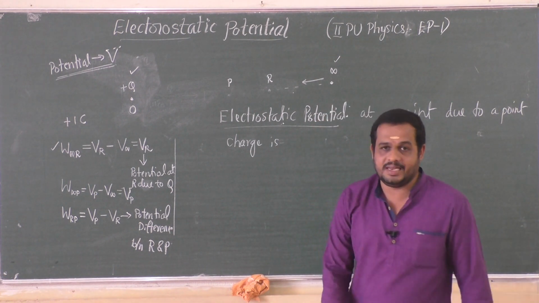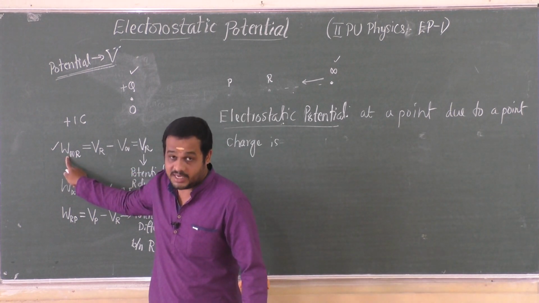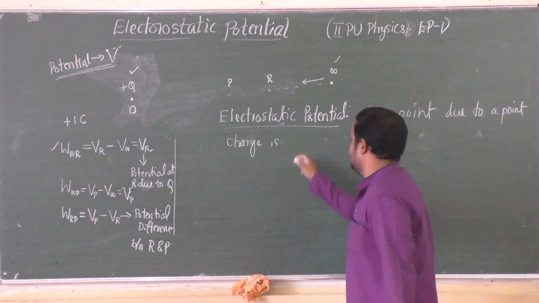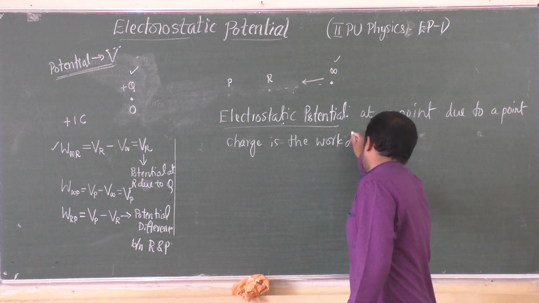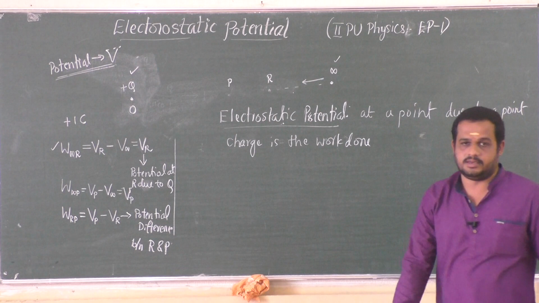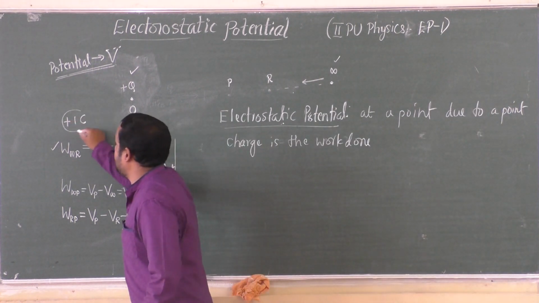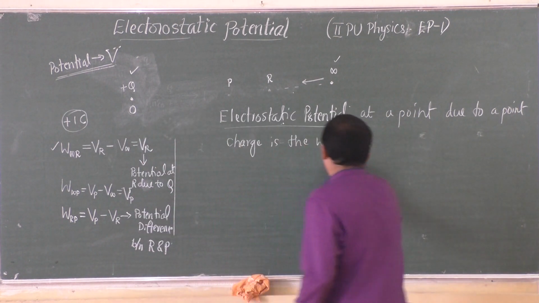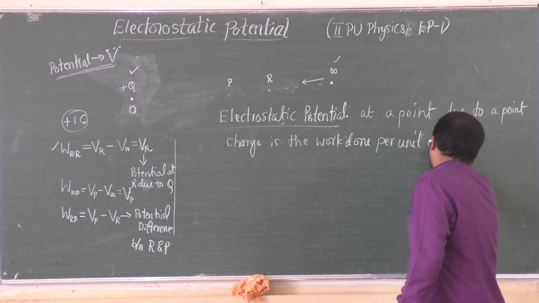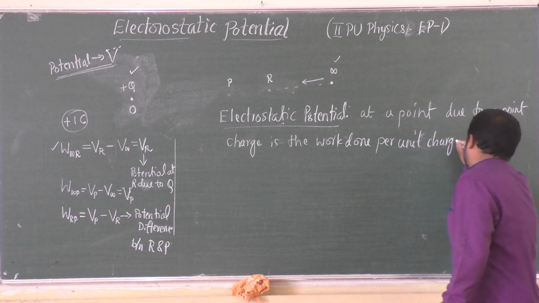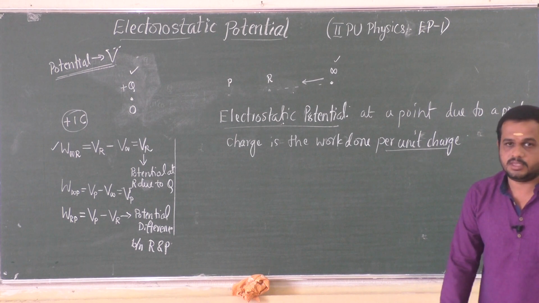What is that electric potential? Electric potential is nothing but the work done, in which case it is the work done in case of unit positive charge. Therefore, work done per unit charge. It is the important term, work done per unit charge.